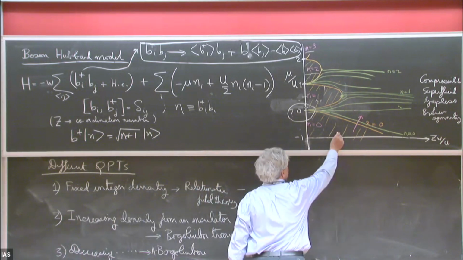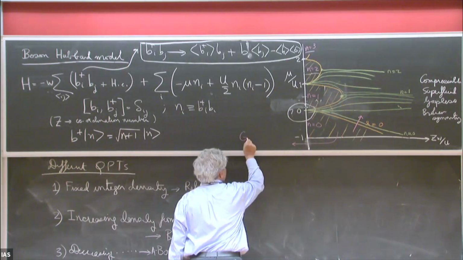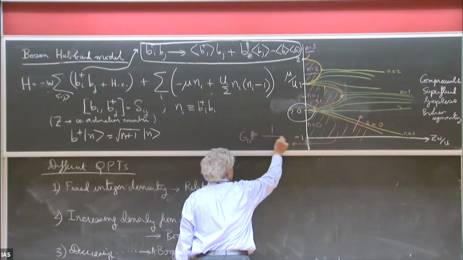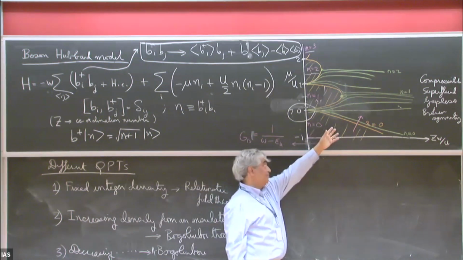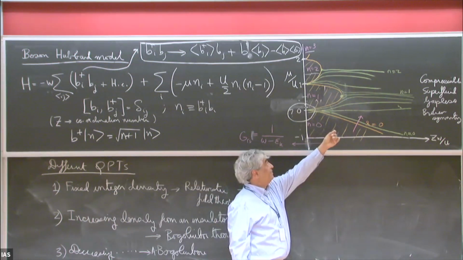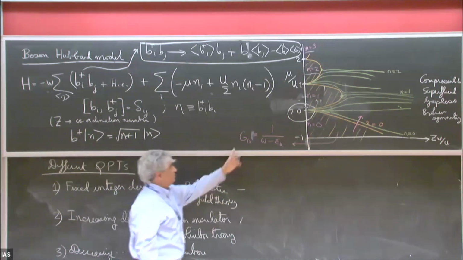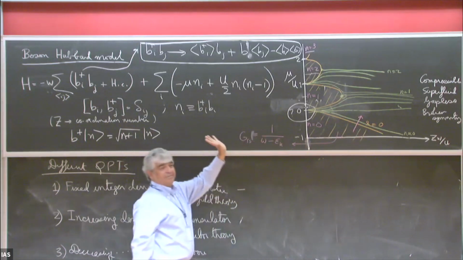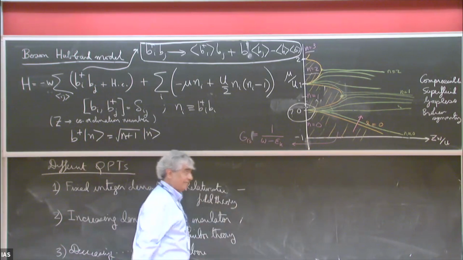So in this region, if I write down the Green's function of a boson, that's equal to 1 over omega minus Ek, where Ek is the dispersion of a particle, because if you have an empty state, the only thing you can do is add a particle. So that's an exact eigenstate, just one particle in the vacuum. So this wave function all the way up to this point has no renormalization. It's exactly that. So there's no mass renormalization, there's no wave function renormalization, there's nothing.